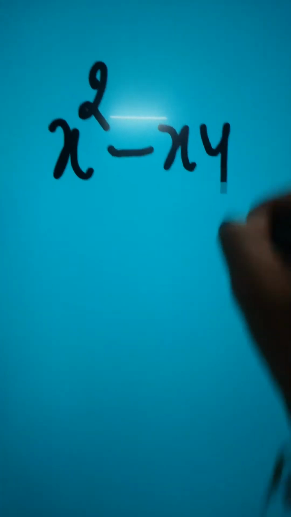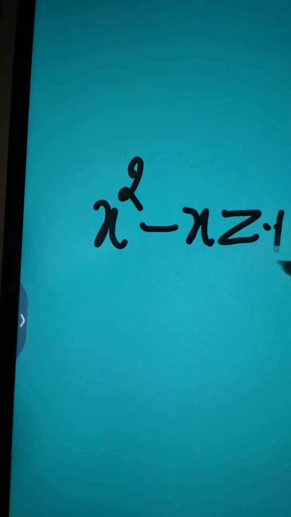So let's take x square minus xz plus xy minus yz. Understand: x square minus xz plus xy minus yz.